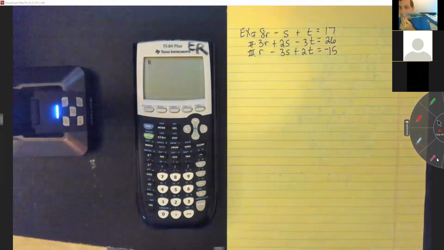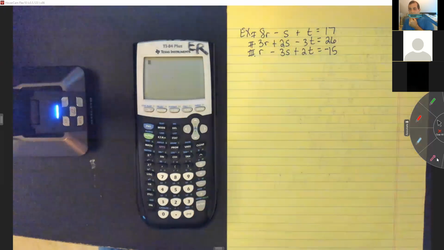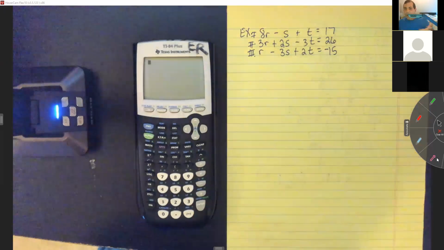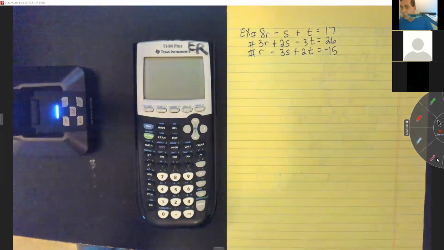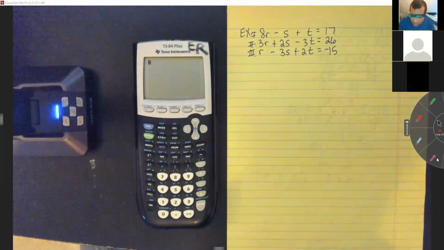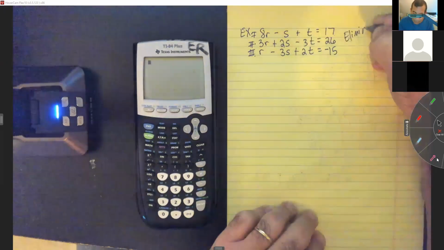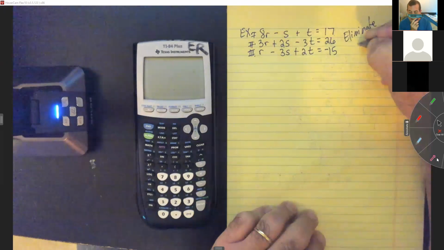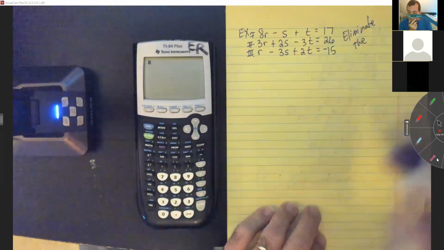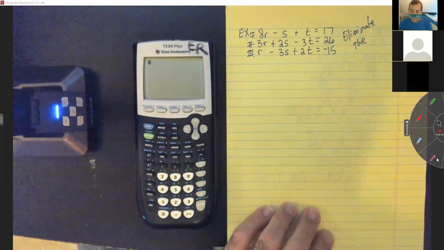All right, let's see. Really, any of these could be good to get rid of. Anyone got a special letter they want to get rid of? So let me think. If I was doing this, either the S's or T's would probably be the easiest.